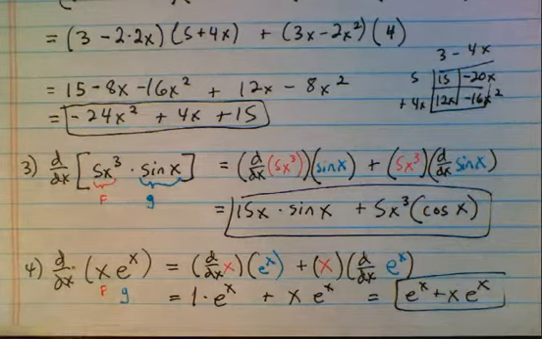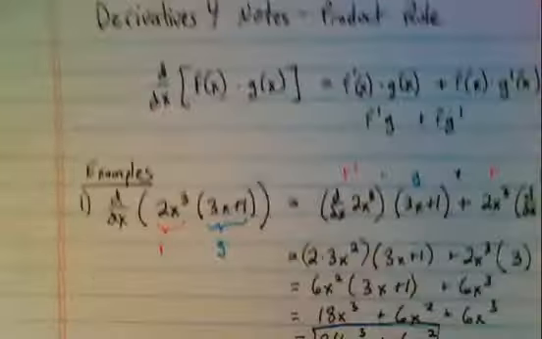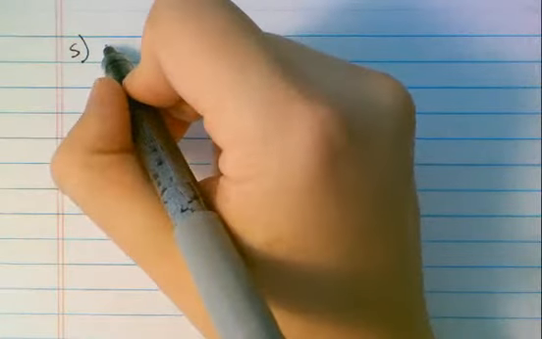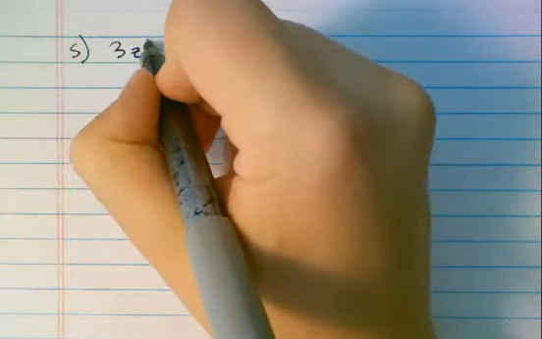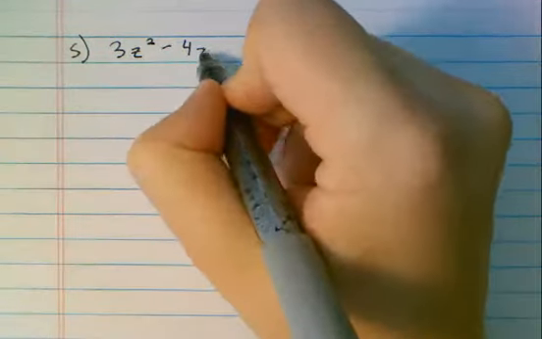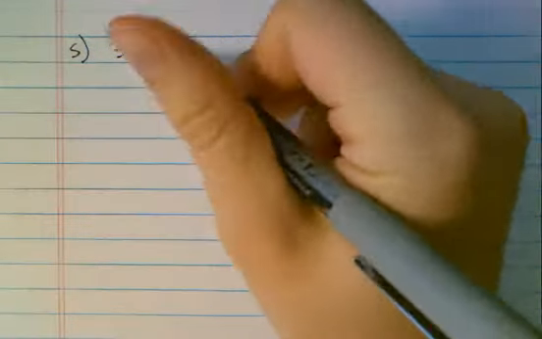What's really important to be aware of with this, though, is when not to use this rule. So let's say we've got 3z squared minus 4z. This z, I mean, it's just a variable, same as x.